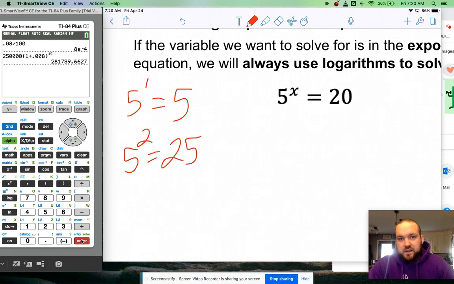So the answer's got to be somewhere between 1 and 2. You could get there by guessing and checking, but it's going to take a while, especially because with these answers we usually want around 3 decimal points. It's going to take a while to nail the answer down to the thousandth place if you have to just guess and check.